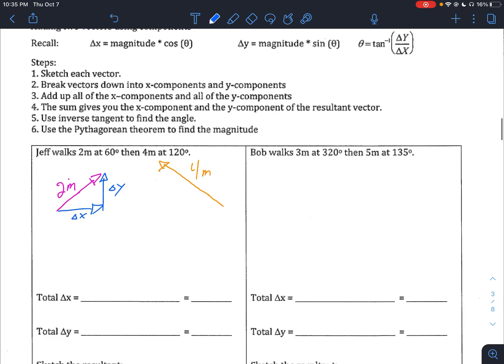Same thing with this one. Delta y, delta x. I'm just putting that because people typically get their x's and y's confused sometimes. And let's change colors a bit.